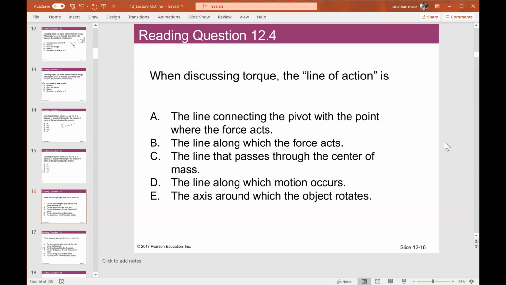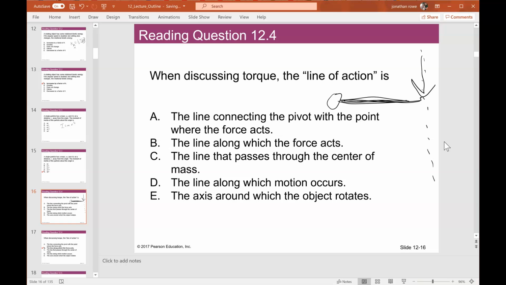All right, when discussing torque, the line of action is what? The line connecting the pivot with the point where the force acts. That sounds like a pretty good option. The line along which the force acts. If this is the pivot point, and here's the lever arm, and here's the force, then choice A would be this lever arm, whereas choice B would be this line along which the force acts.